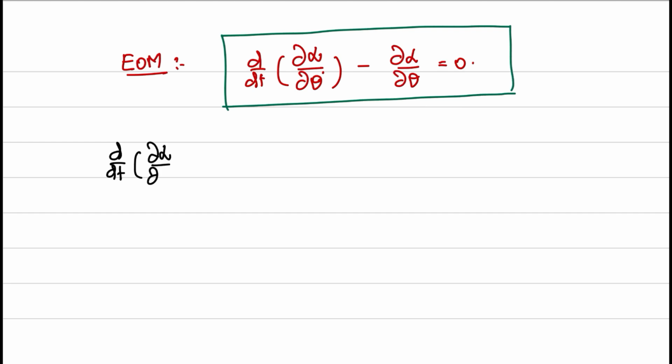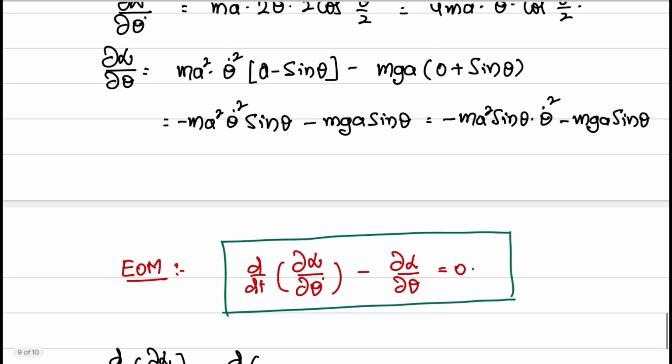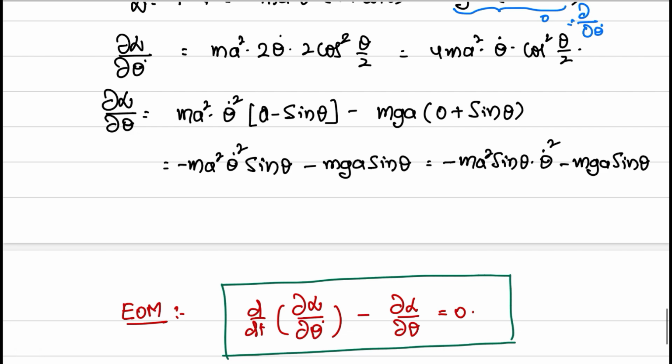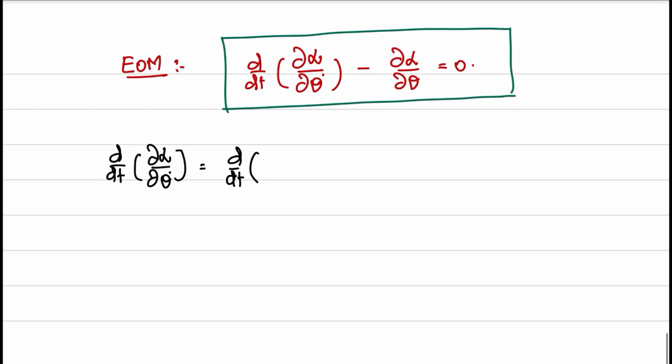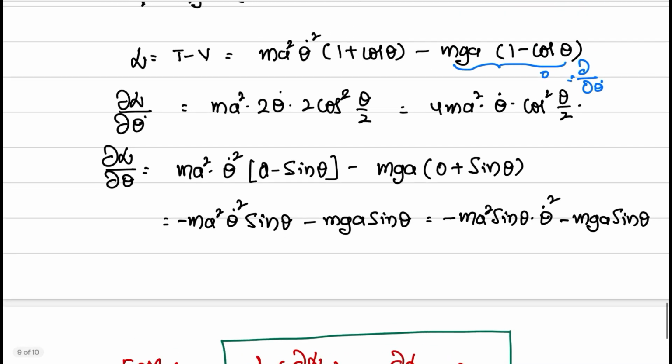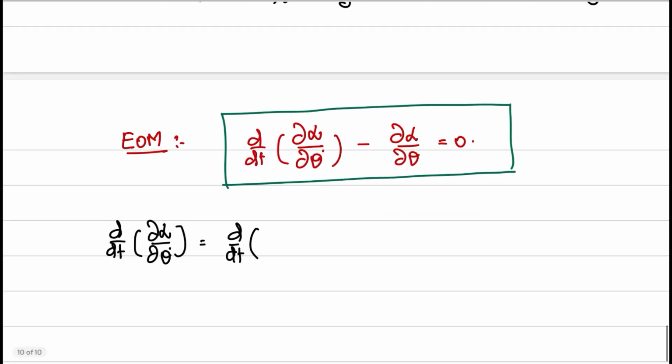d by dt of dou L by dou theta dot is 4 ma square theta dot cos square theta by 2.